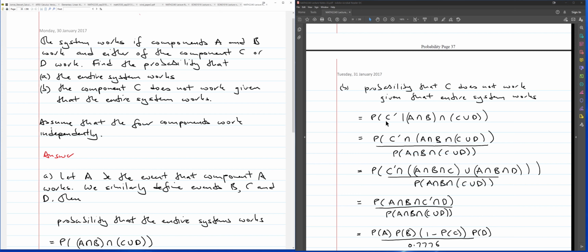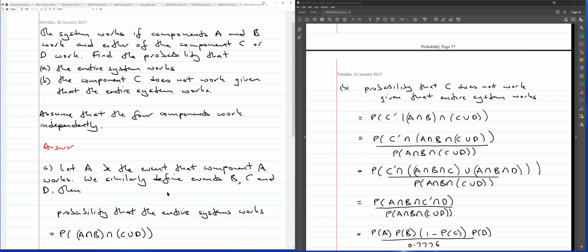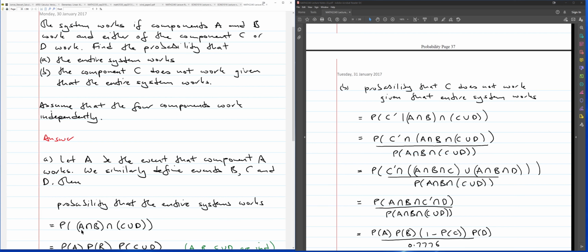We want the probability of C complement given that the entire system works, and the event of the entire system working is A intersect B intersect (C union D).